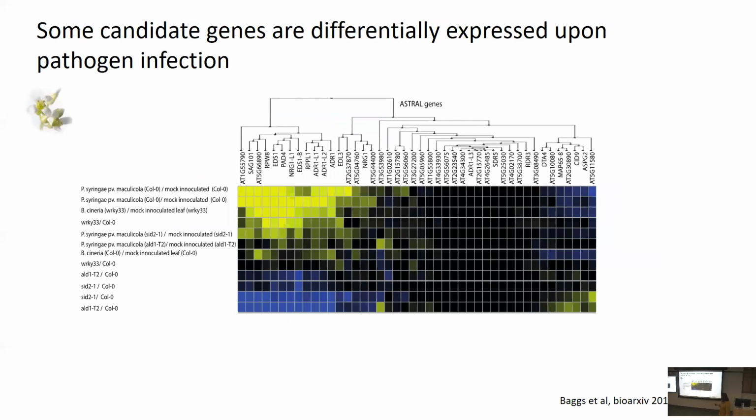A significant group of those astral genes were differentially expressed during P. syringae infection and Magnaporthe oryzae infection in rice. And in mutants of SA signaling, in different mutants, they were also affected. And interestingly, there was only one other condition that showed differential expression of the astral genes.